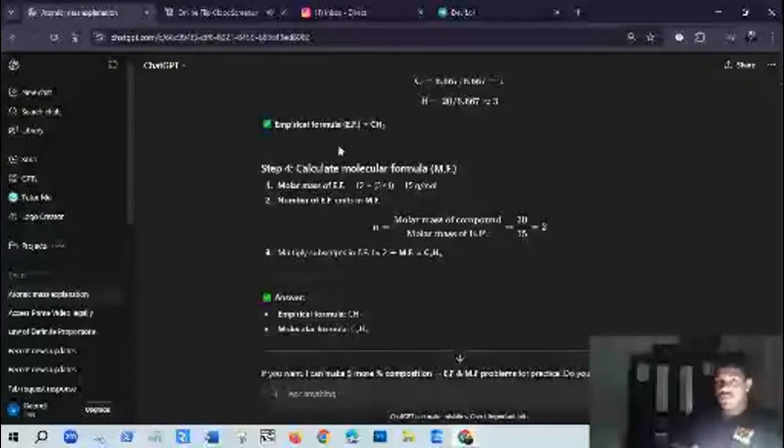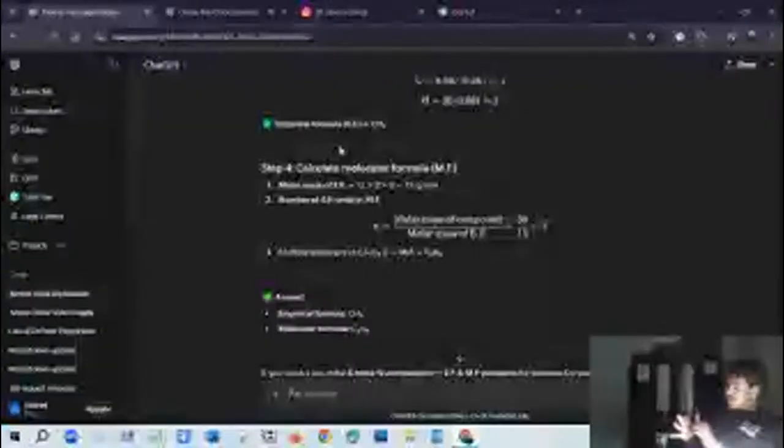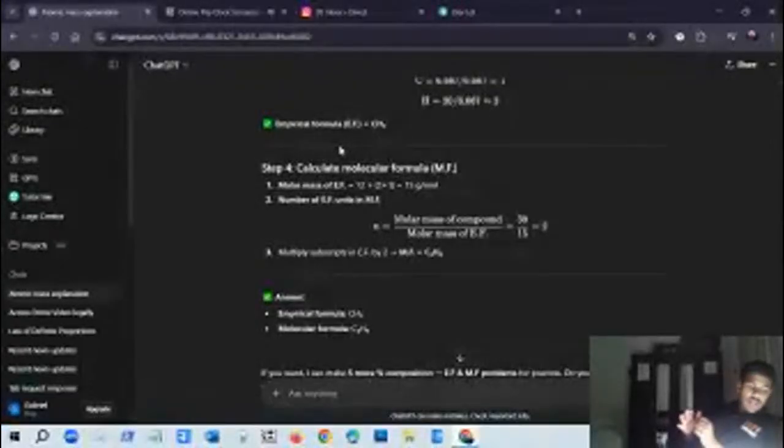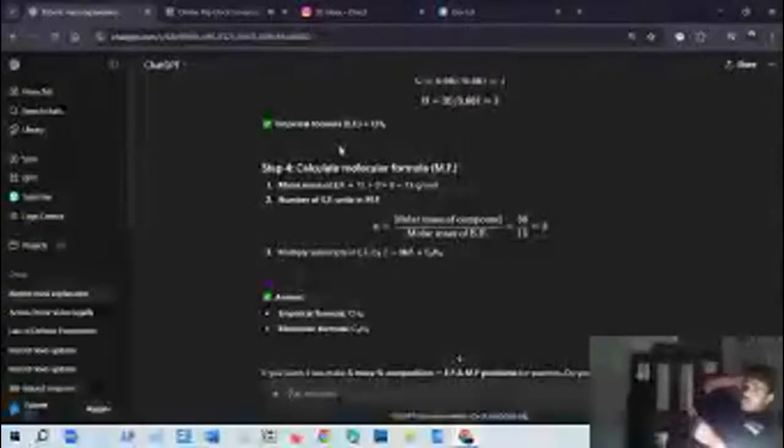If the molecular mass is 30 grams, we calculate it.